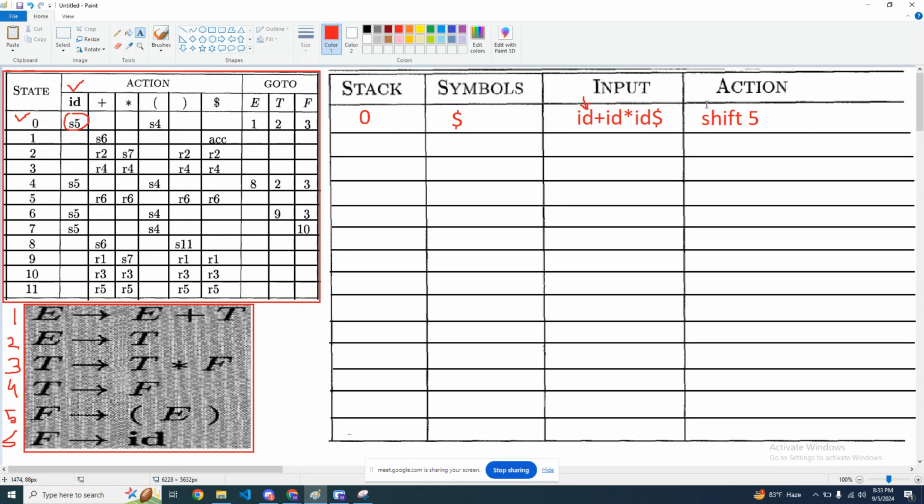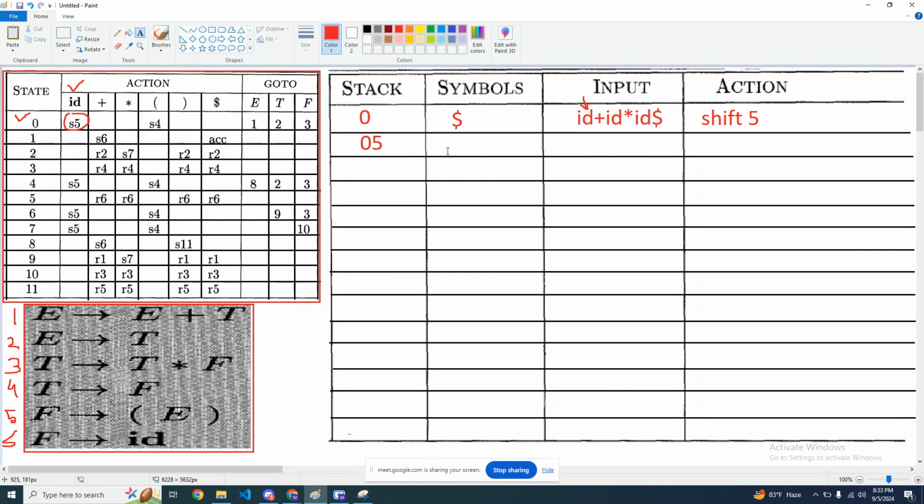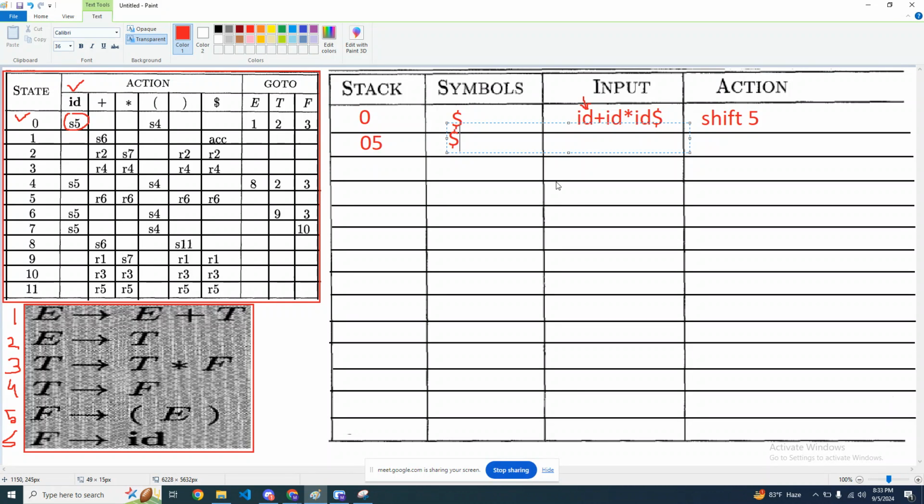now as the operation is shift 5, that means you need to take this input, which is id, and shift it to the symbols, and you also need to shift the state 5 into the stack. So your stack will be 05, your symbol will be dollar id, okay, and your input will be plus id into id dollar, right?